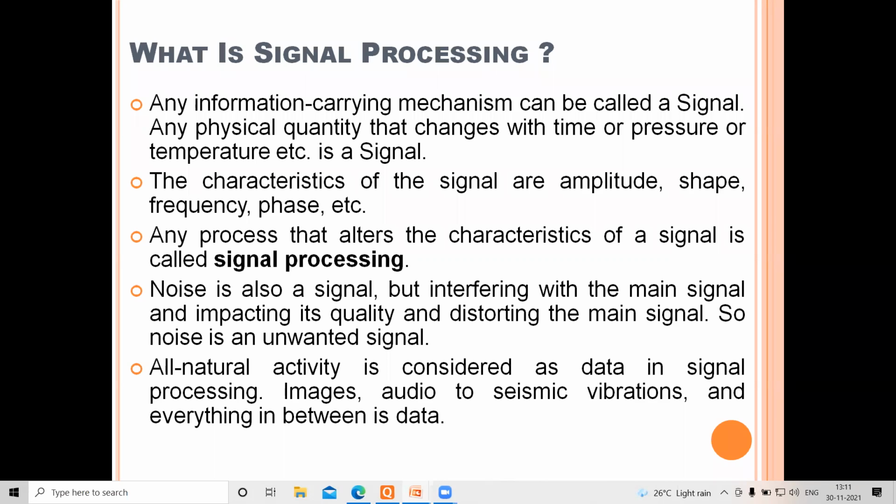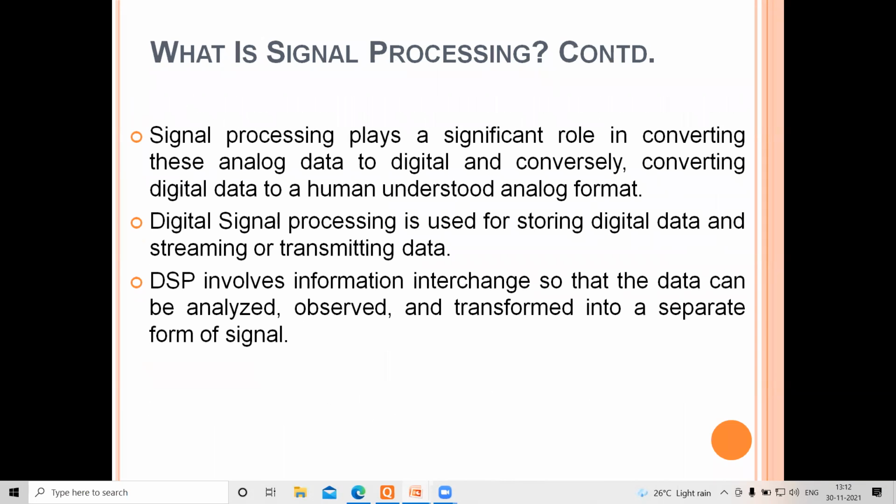All natural activity is considered as data in signal processing. For example, your images, audio, seismic vibrations, and everything in between is your data. Therefore, data processing is also there, and signal processing will play a very important role.